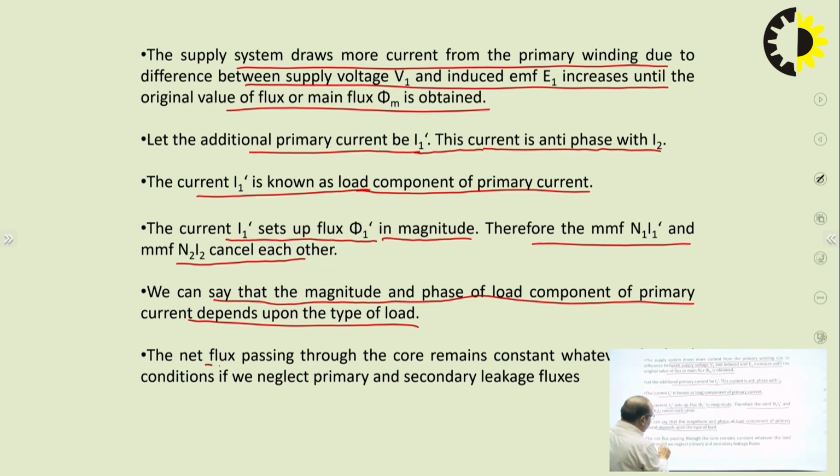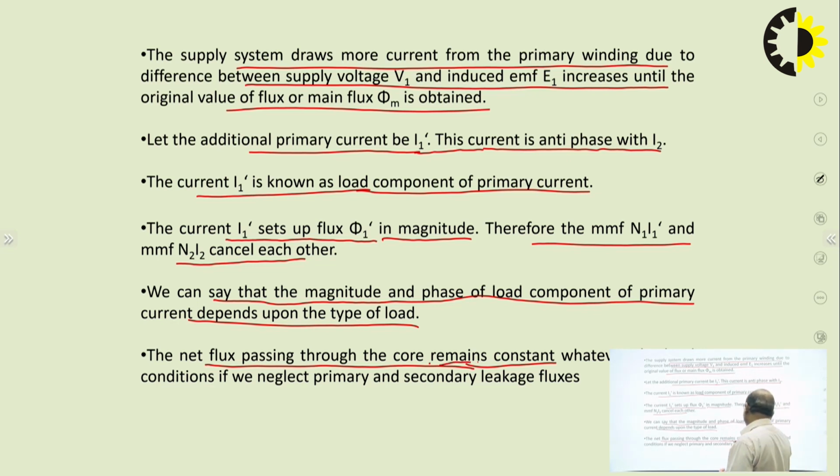Now the net flux passing through the core remains constant, since whatever flux is created by the secondary current, the same amount of flux is also created by the additional primary current, known as the load component of primary current. Due to this, the additional flux of primary and the flux due to secondary current are opposite and equal to each other, so they cancel out each other, and the main flux is not affected; it remains the same or constant.